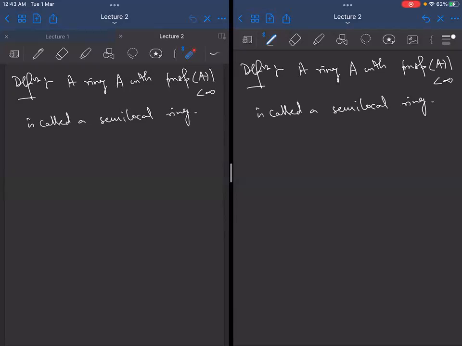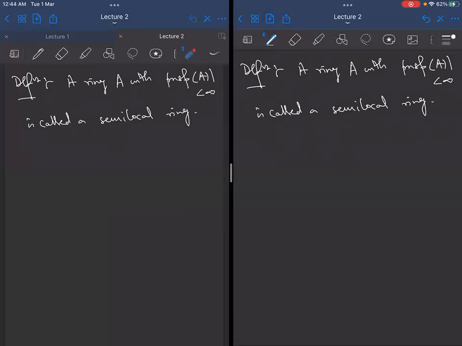And then we will be looking at some results, namely the prime avoidance lemma and the Chinese remainder theorem. All these results have importance both geometrically and algebraically, which we are not in a position to discuss right now, but we are heading towards that.